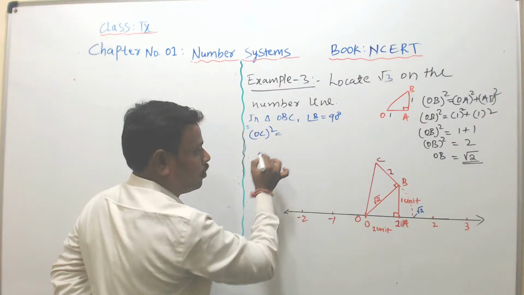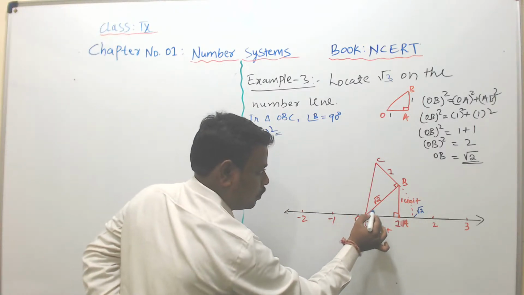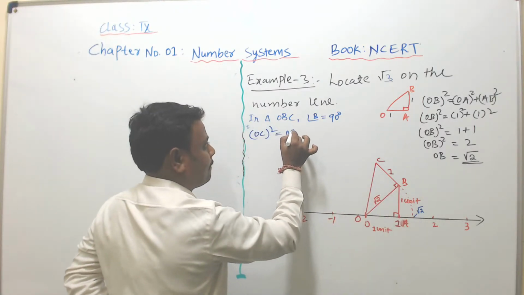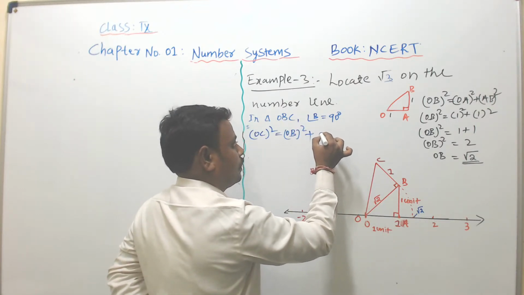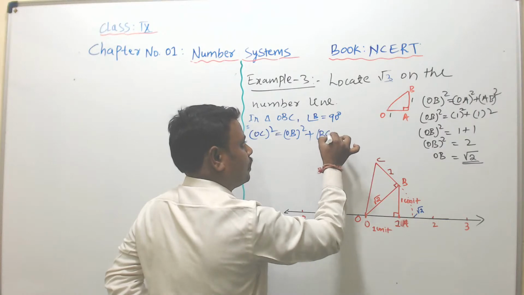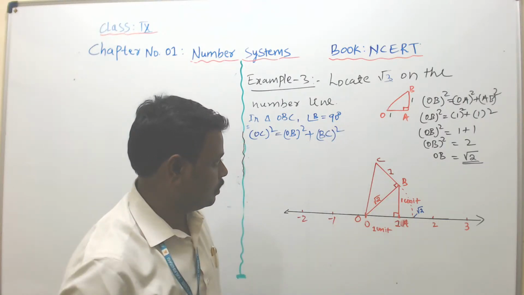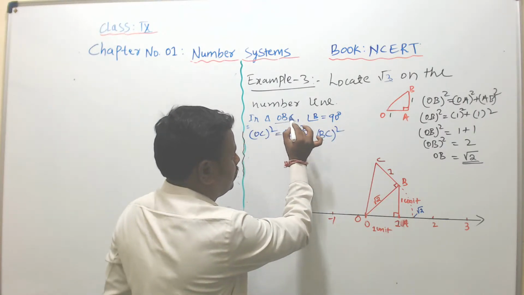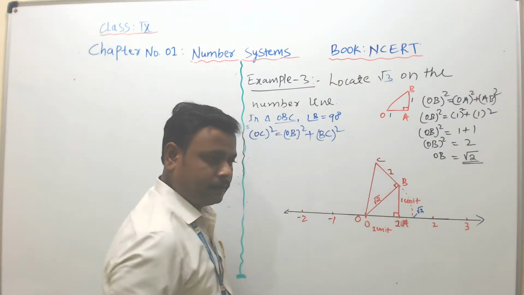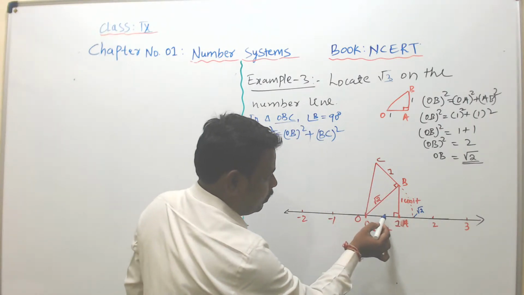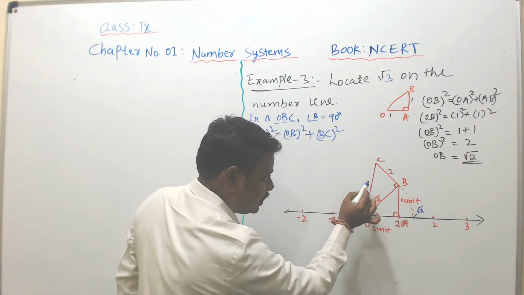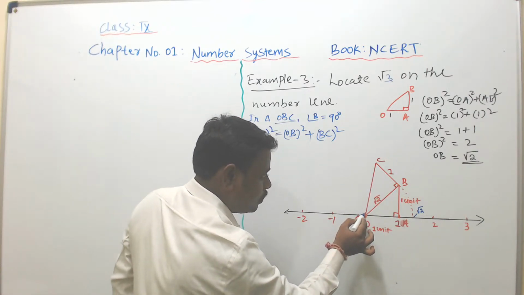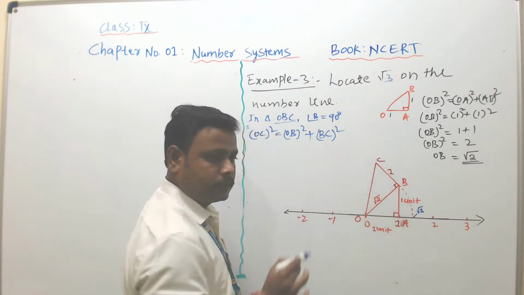OC square is equal to OB square plus BC square. So listen here, I have written clearly this triangle OBC. I'm not going with triangle OAB, that is completed. I'm just showing locating root 3 on the number line. I'm considering now triangle OBC.